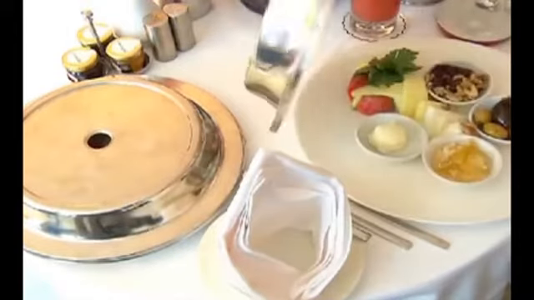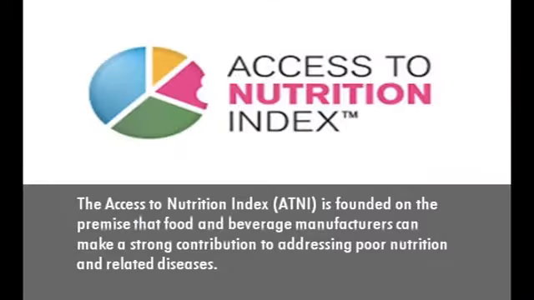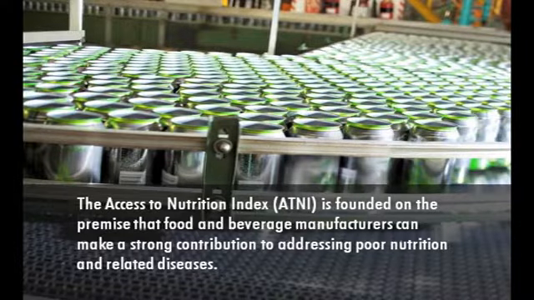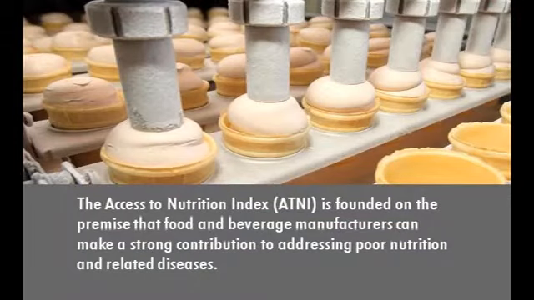consumer choice and behavior. The Access to Nutrition Index, or ATNI, is founded on the premise that food and beverage manufacturers can make a strong contribution to addressing poor nutrition and related diseases.